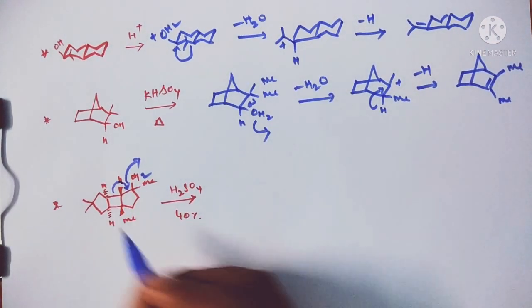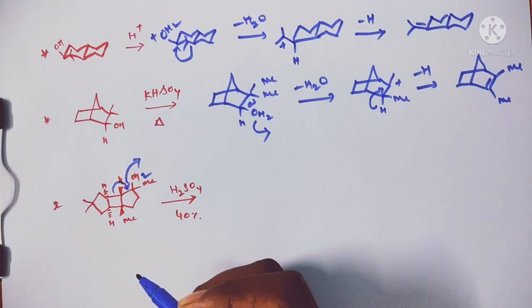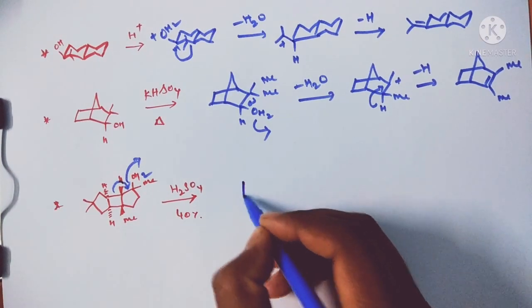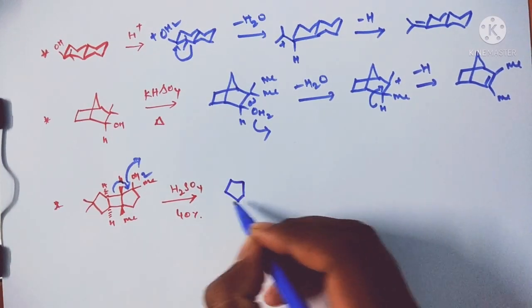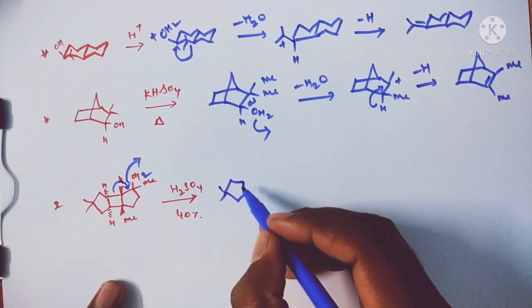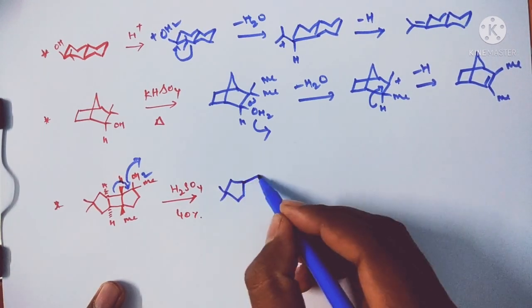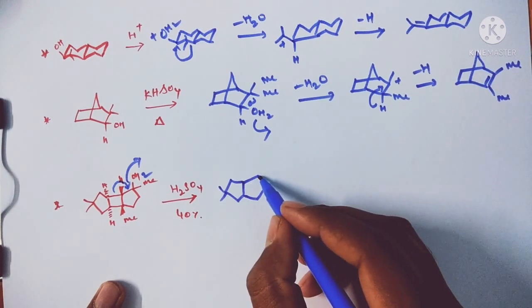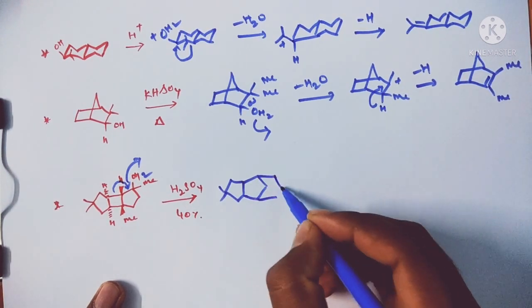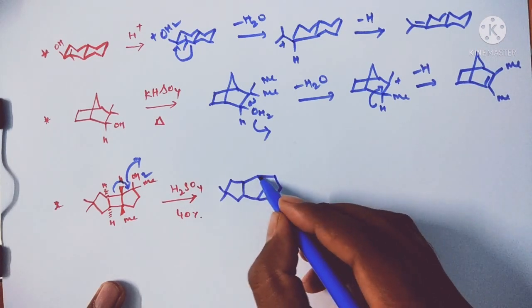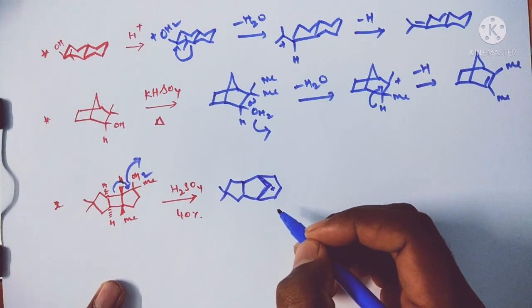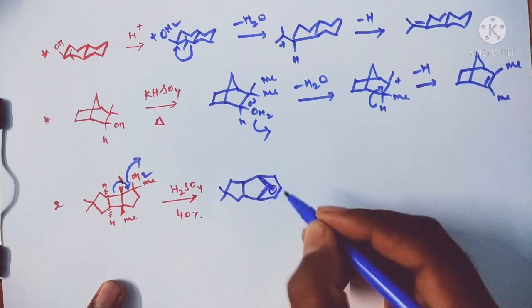So basically this 4-member ring is extended to a 5-member ring. This is above the plane, the formation of a secondary carbocation.